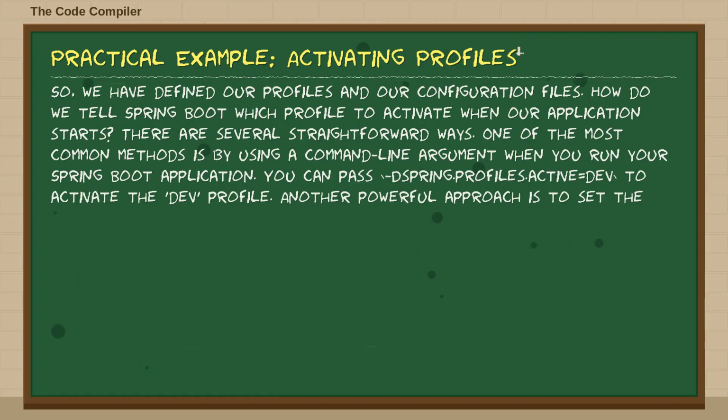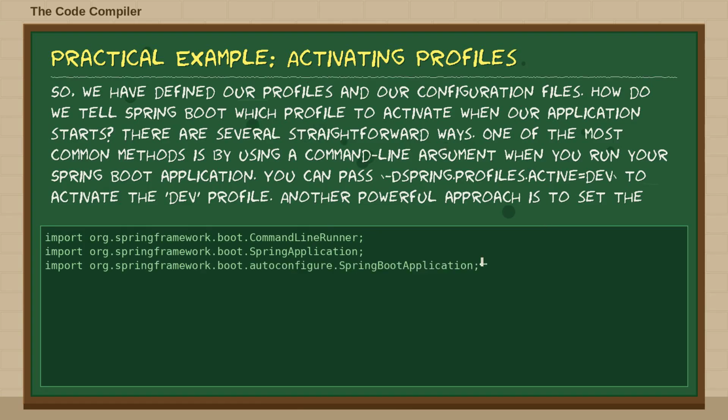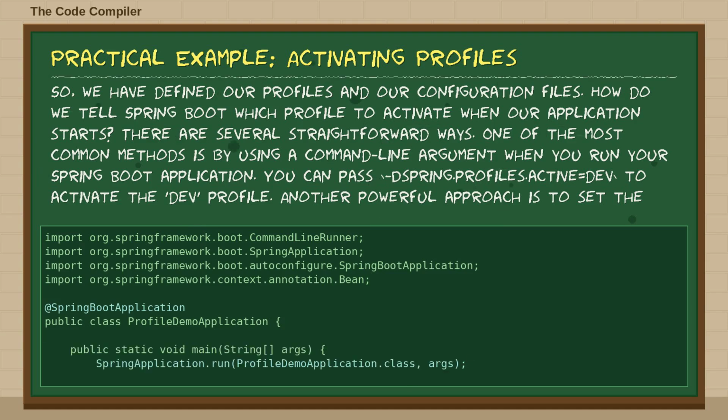You can also specify a default profile in your application.properties file using spring.profiles.default=some-profile. This flexibility ensures that your application behaves exactly as expected in any given environment without requiring code modifications or recompilation. It is incredibly powerful for deployment automation.